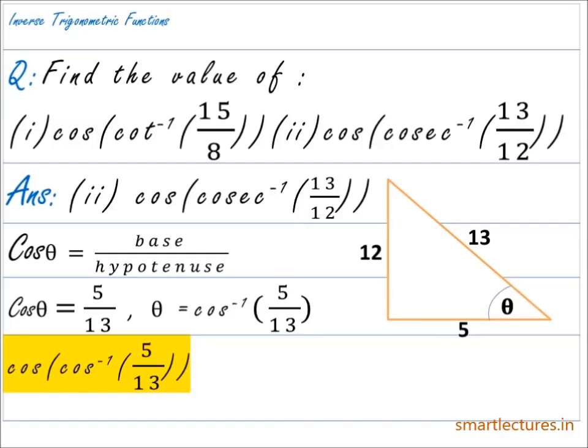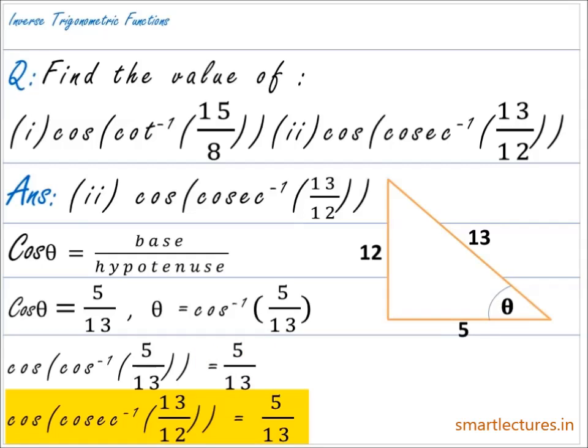And again, 5 upon 13 lies in the interval -1 to 1. So cos of cos inverse 5 upon 13 is equal to 5 upon 13. And that means cos of cosecant inverse 13 upon 12 is equal to 5 upon 13.